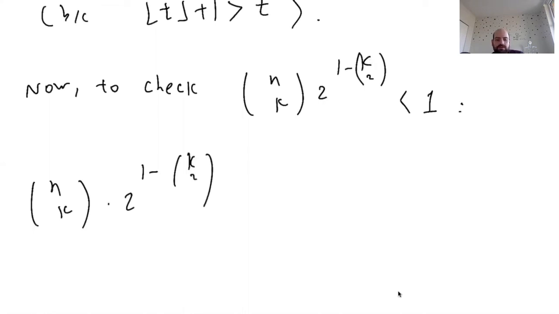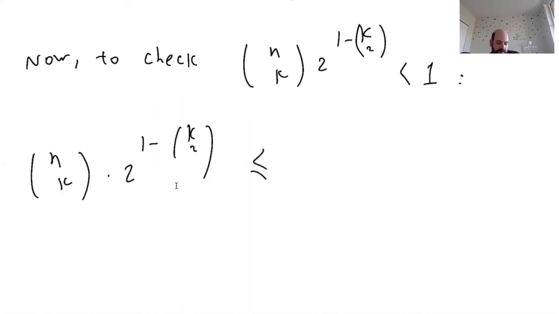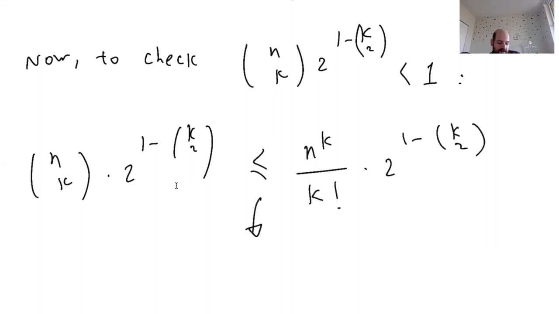Okay, so let's simplify this. This is less than or equal to n to the power k over k factorial times 2 to the power 1 minus k choose 2. And why is this true? Because n choose k is n factorial over k factorial times n minus k factorial.